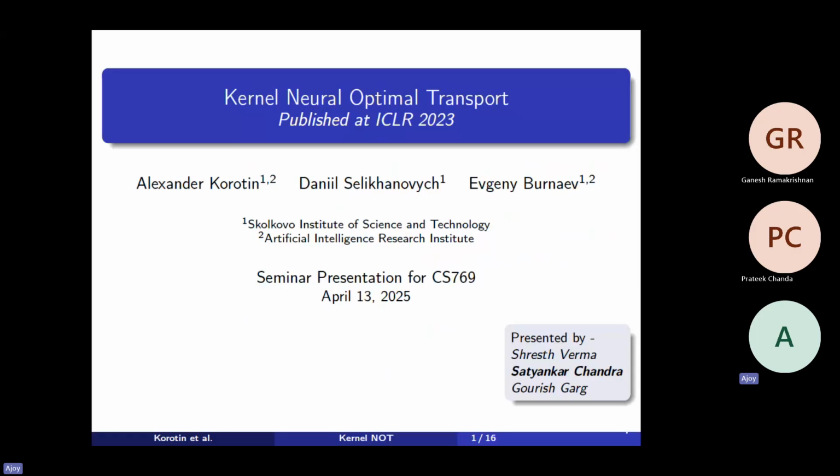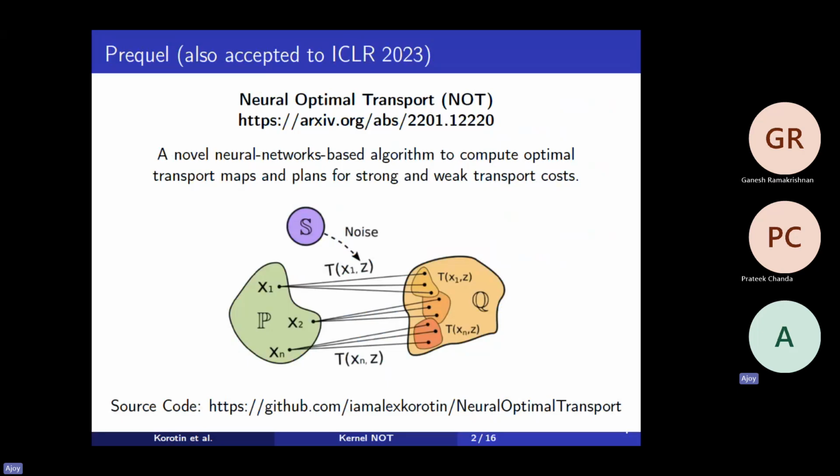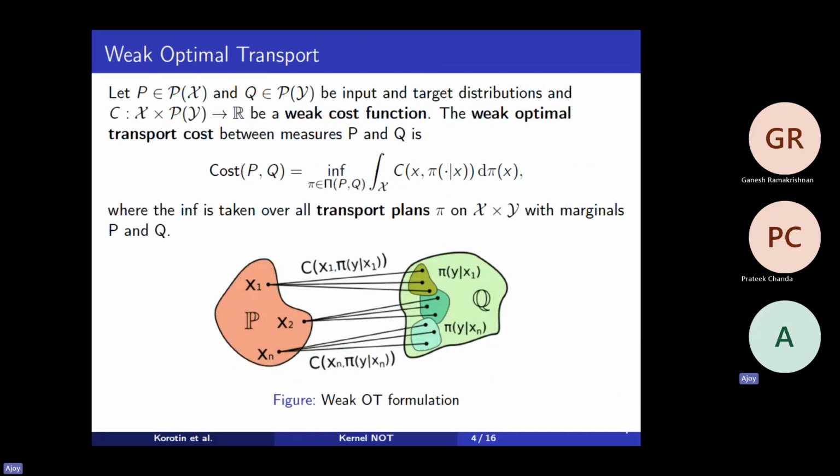As Shresth hinted at the end, in the weak OT formulation, the neural optimal transport presented in the last paper returns all the possible maps if you keep varying the stochastic generator S. There are multiple possible maps with the same lowest cost, but it has completeness. If you keep varying S, it will return all of them, but the soundness is not there.